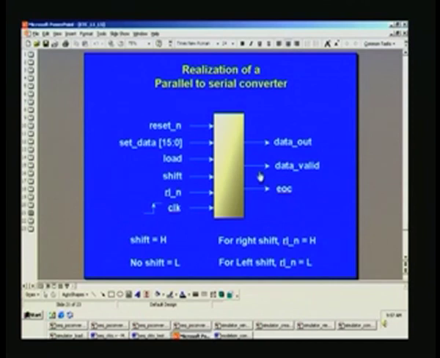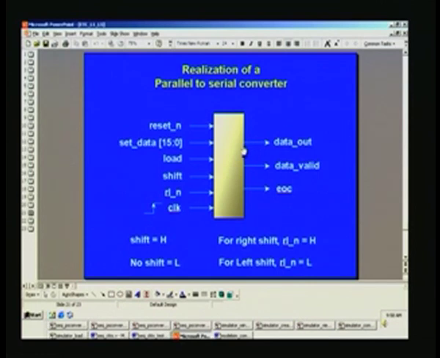And just to recollect what the parallel to serial converter is, we have a reset, then you can set data through this and assert load. Thereafter you can give a shift control, and this shift can be either left shift or right shift, this being 1 for right, and it is reckoned at the positive edge of the clock.